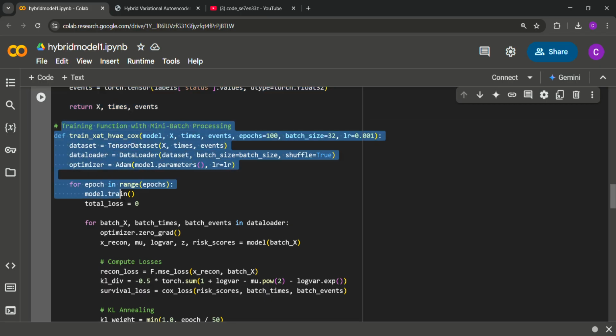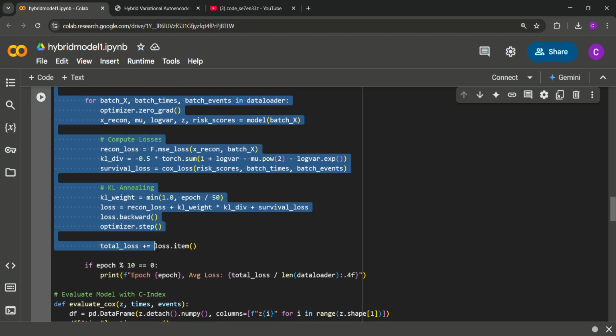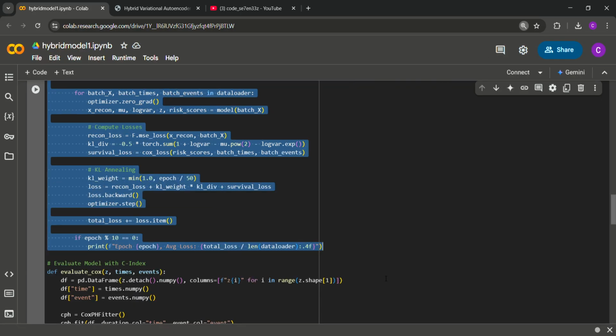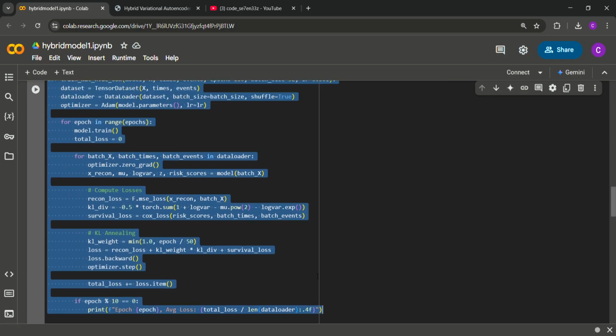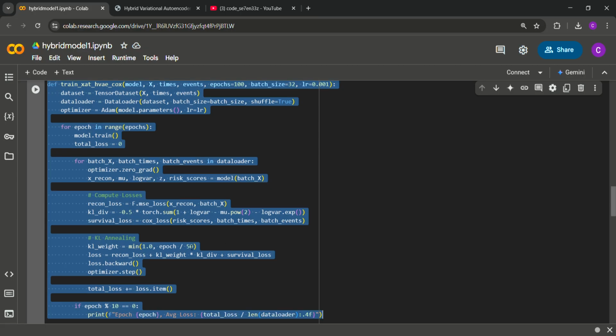Training function with mini batch processing. Now we train our model using mini batch processing. Key takeaways: mini batch improves efficiency. KL annealing prevents posterior collapse.